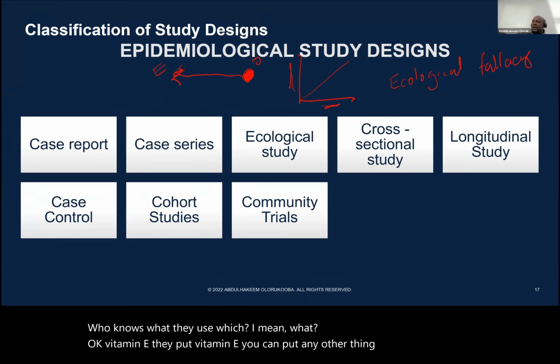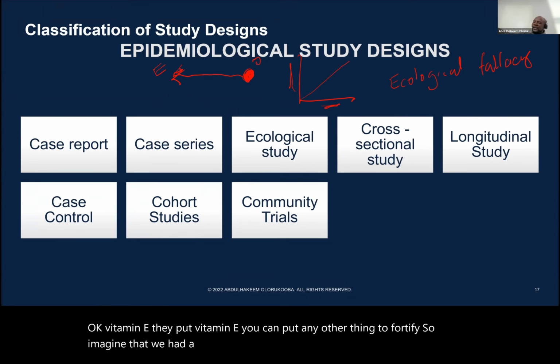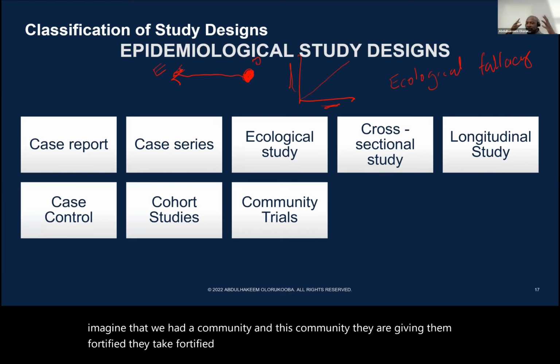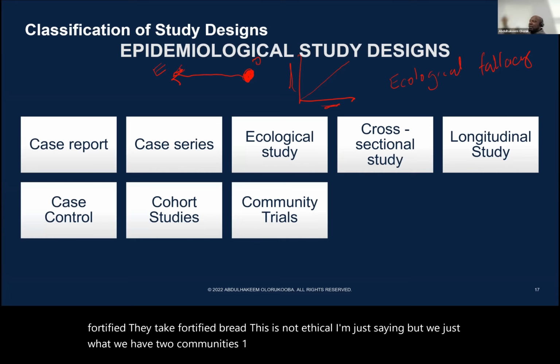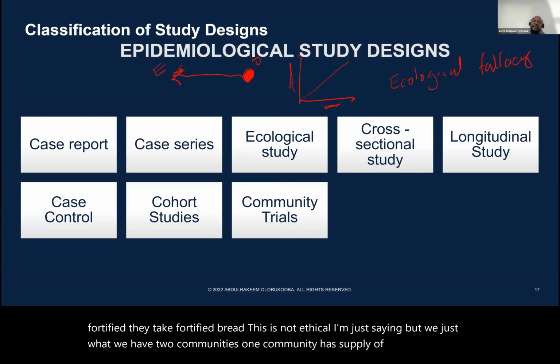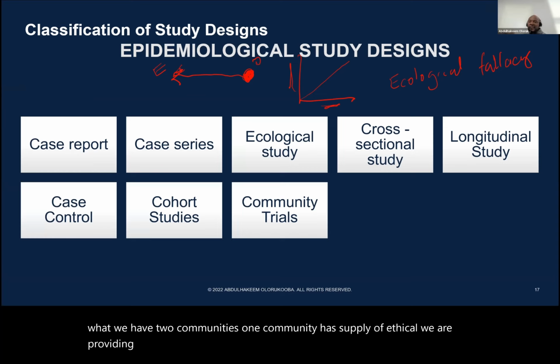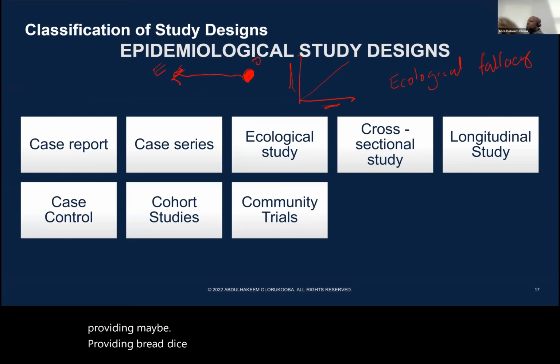So imagine that we had a community, and they are given fortified bread. This is not ethical, I'm just saying, but we have 2 communities. We are providing bread that is fortified to one community, and the other community is not taking any fortified bread, for example.